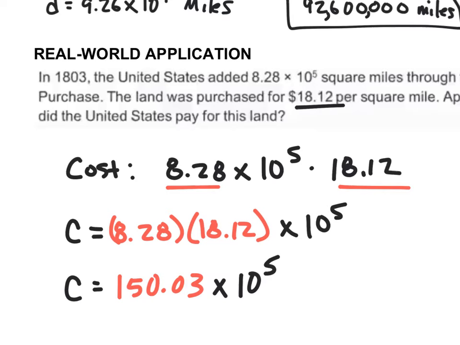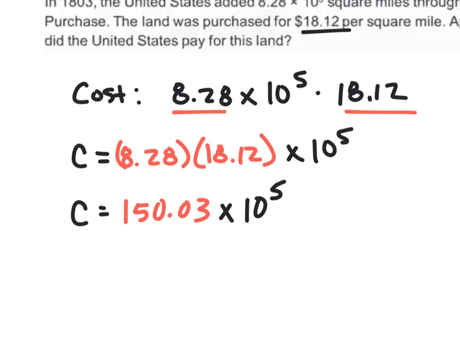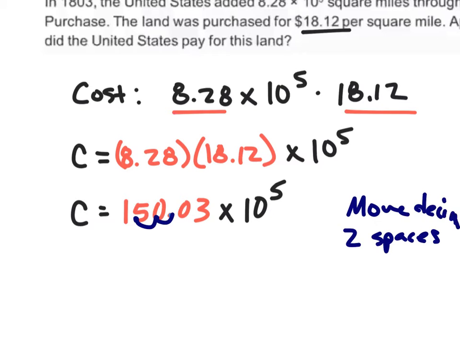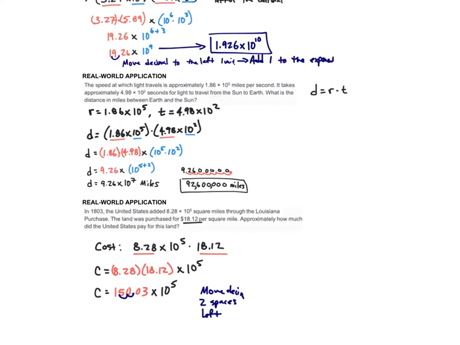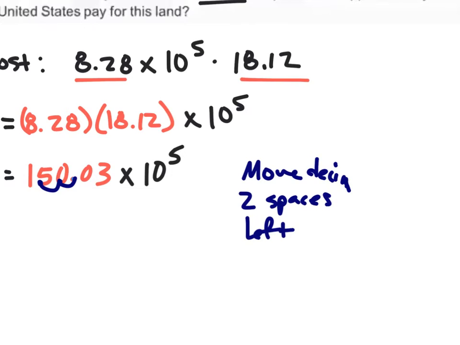Okay, and so remember, if I'm trying to put this into scientific notation, what I want to do here is move my decimal place 2 units to the left. Okay, so if I move 2 spaces left, then I have to look back up at my notes. Then I want to add the exponent. So that means I want to add 2 to our exponent.